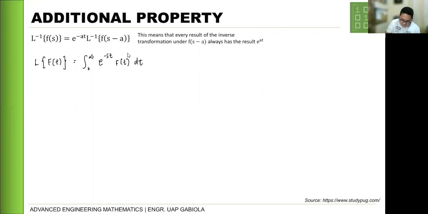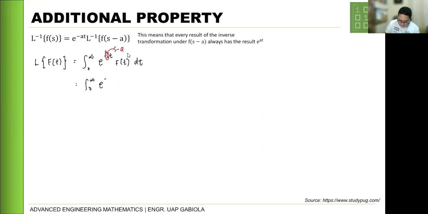So, if we say na si f of t natin is equal sa s minus a, no, mali pala to. So, if we assume na si s dito is actually s minus a. Okay? So, yun pala yung tama.